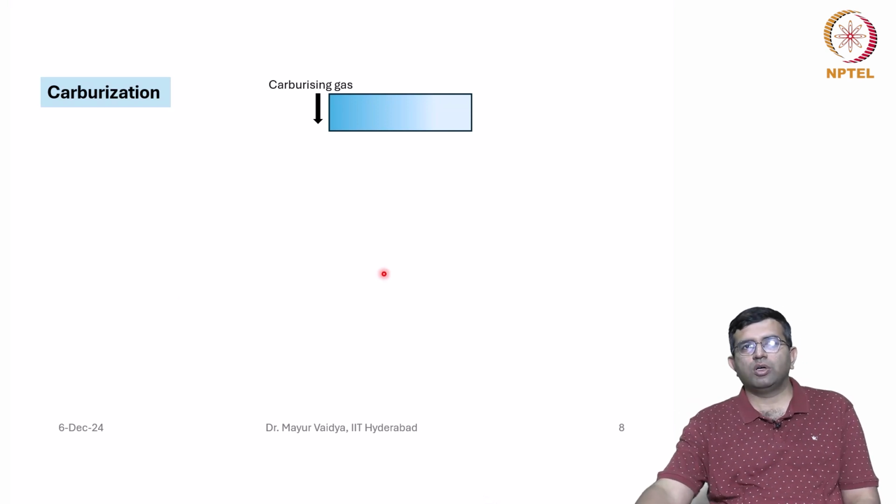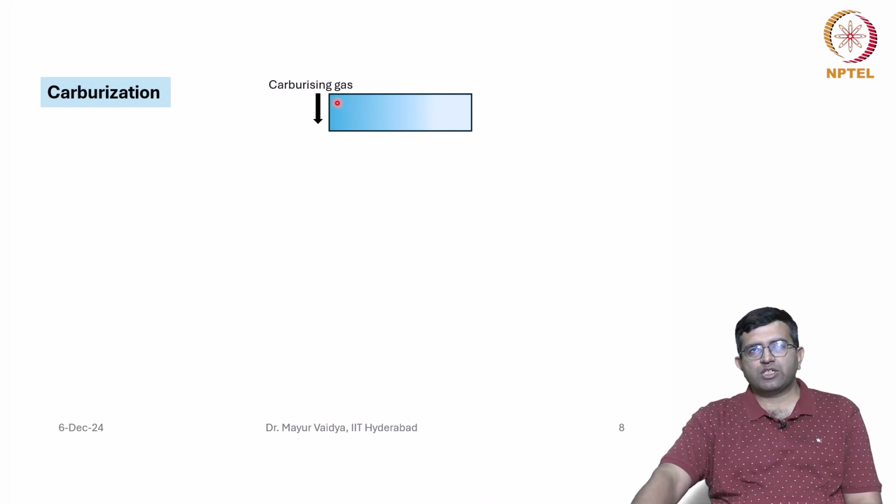I will show you this. For example, the carburization problem. We know that in the carburization problem you have a carburizing gas, so you have a constant source condition, and the solution is given like this: C of x comma t minus C naught divided by Cs minus C naught is equal to 1 minus error function x by 2 root Dt.